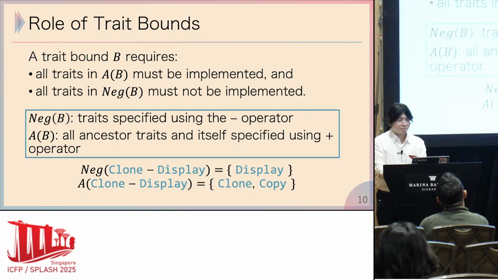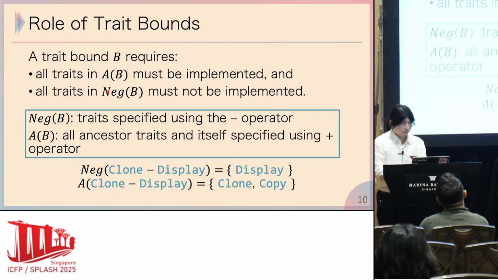To discuss negative bounds, we define trait bounds and trait implementation conflicts. First, we think about the role of trait bounds. For a trait bound B, that trait bound requires all its ancestor traits and itself, as A(B).